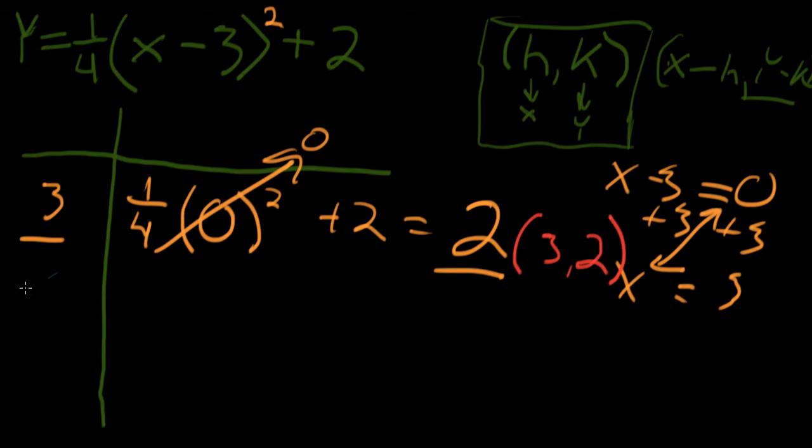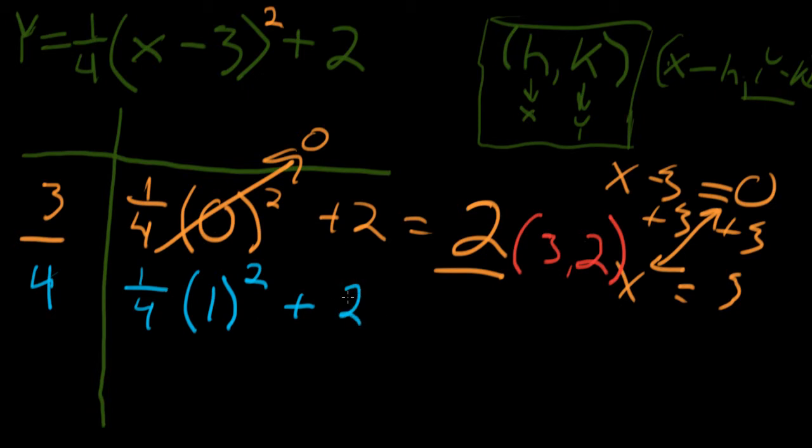So I'm going to go up 1 from there, so that's going to be 4, which is 1/4 of 1 squared plus 2.